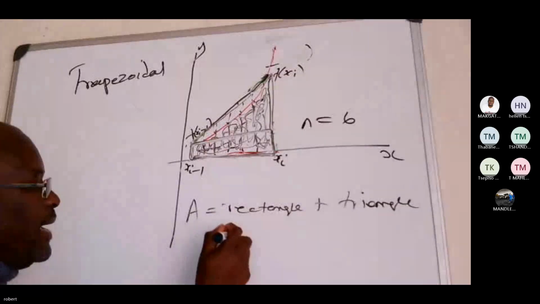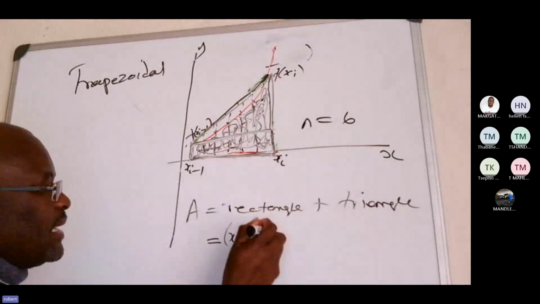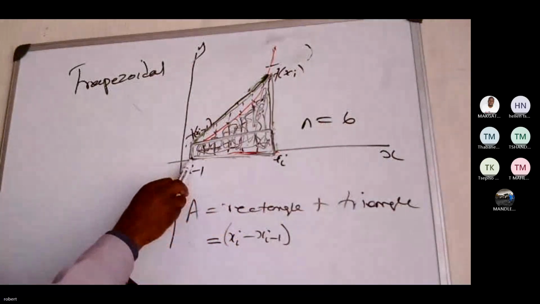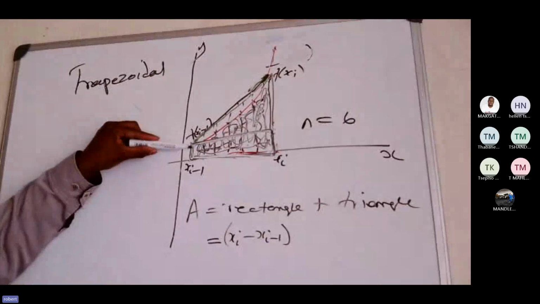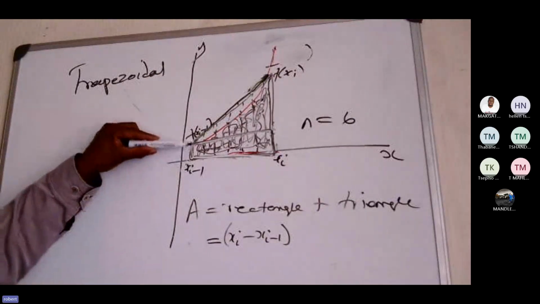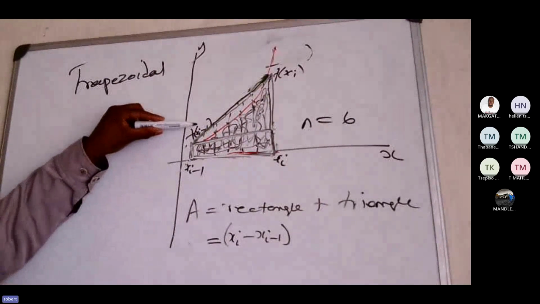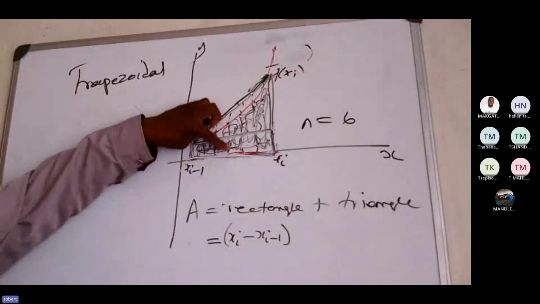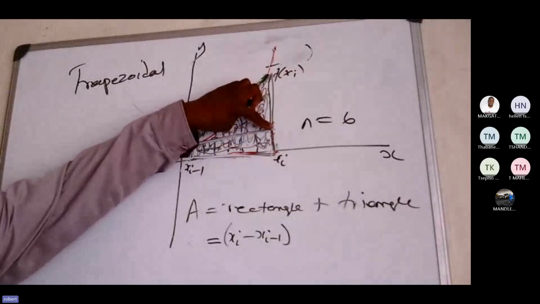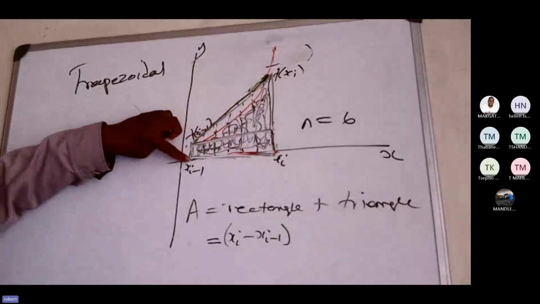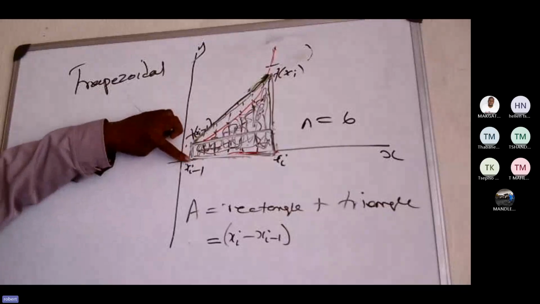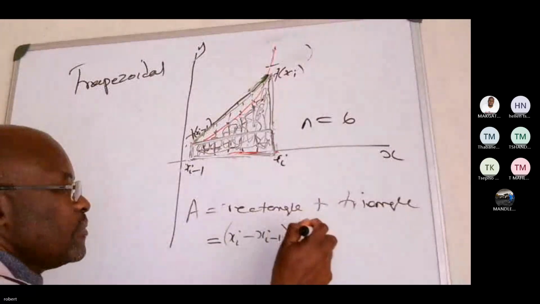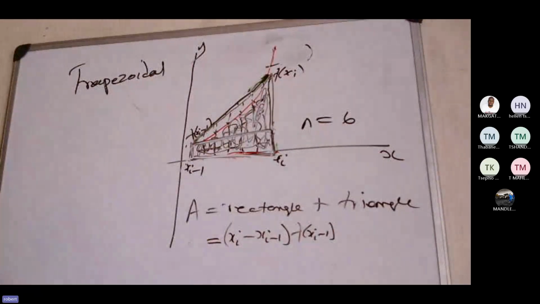It is xi minus xi minus 1, multiplied by this, which will be f of xi. That is the area of the rectangle.